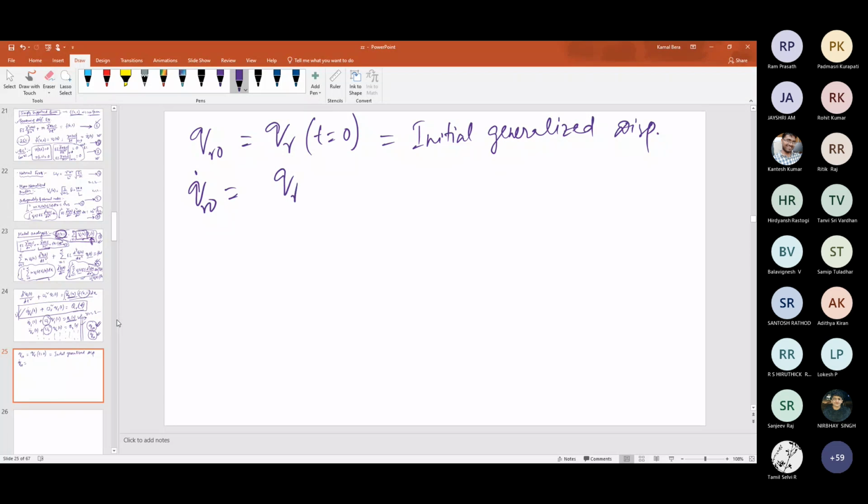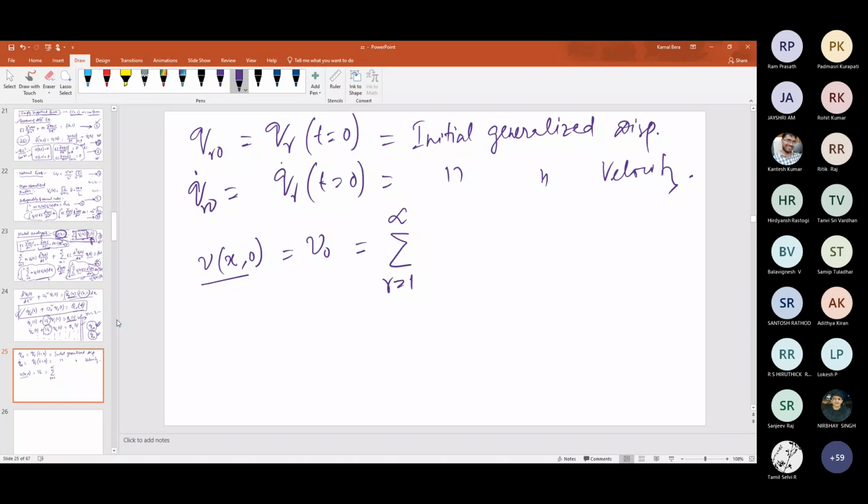And q_r dot (0) is nothing but the derivative of this evaluated at time t equal to 0, the initial generalized velocity. But we know V(x,0), which I called V_0. That is nothing but again the summation of r equal to 1 to infinity, because I can represent it like this: V_r(x) and q_r at time t equal to 0.